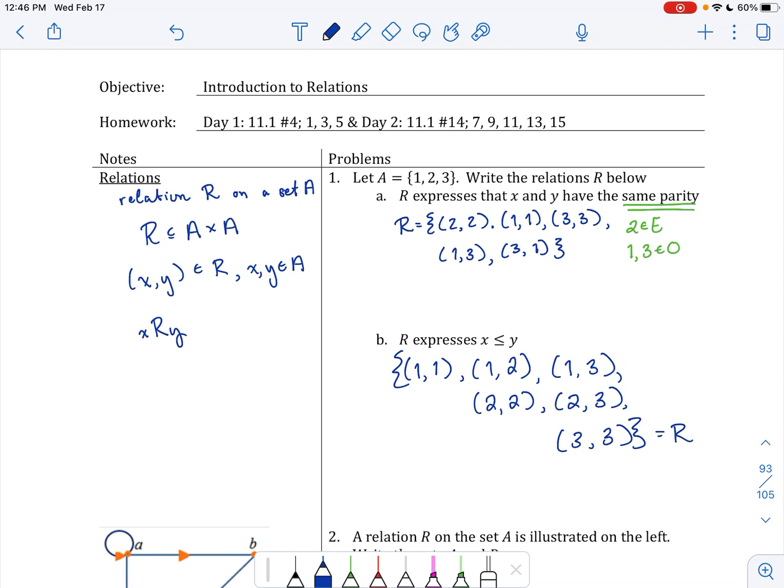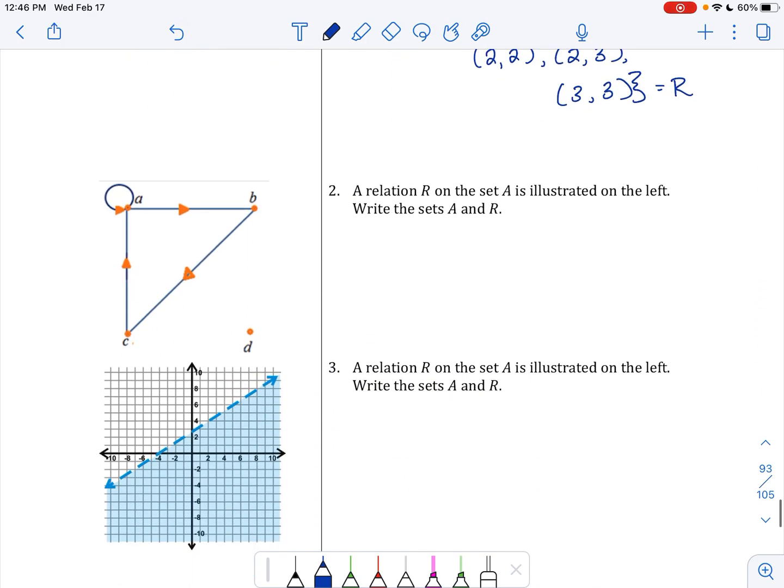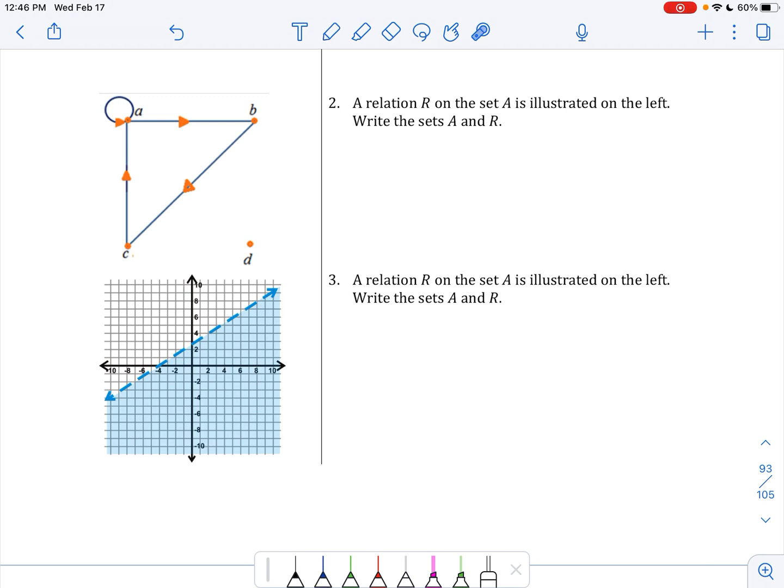Now, there's a couple ways that we can illustrate relations. One would be in a diagram like this. So a relation R on the set A is illustrated on the left. Write the sets A and R. So A is generally the one that is easiest to start with because A is just a list of the elements that we see here. So in this case, A is the set. We see the elements a, b, c, and d.